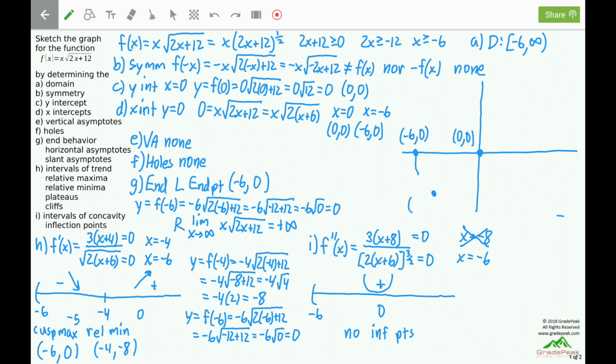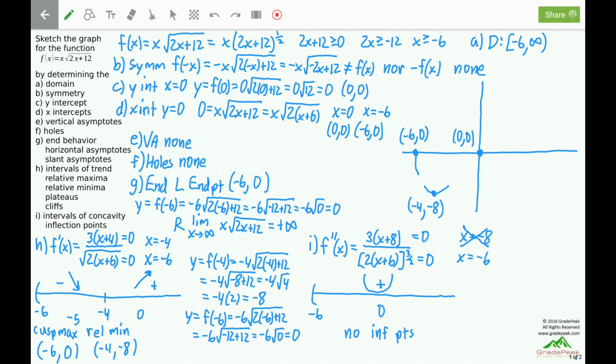We can label this -4, -8, and give it a relative min shape to it. We found no inflection points, but we do see that it should remain concave up the entire time, so it should stay curving up the entire time. We'll be sure that it follows that.